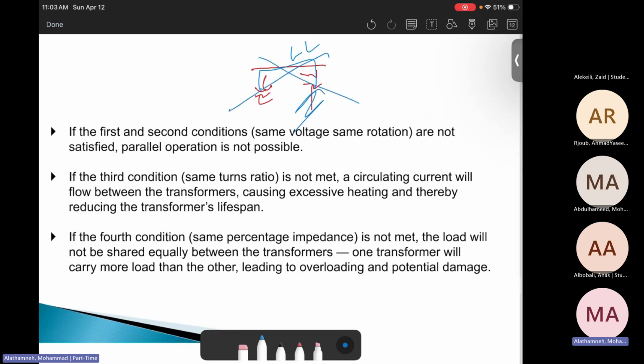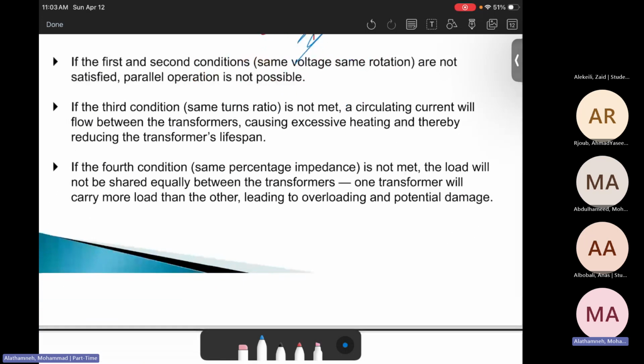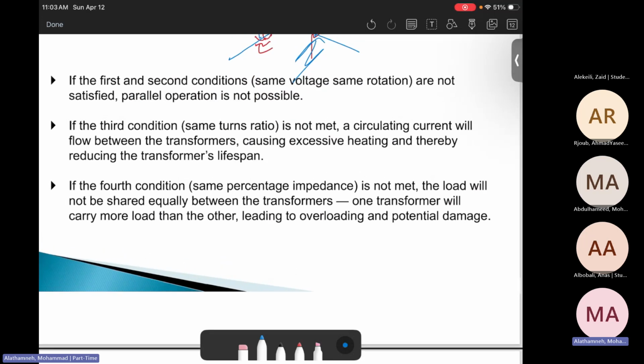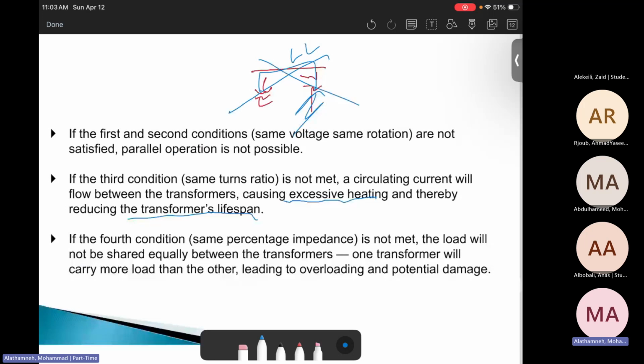So it will not be feasible. The other thing: if the same voltage and same rotation are satisfied, but not the same turns ratio, it will cause overheating of the transformer, which will impact its lifespan. So the transformer will not last long. Therefore, we don't want this to happen. So the first three conditions are a must.